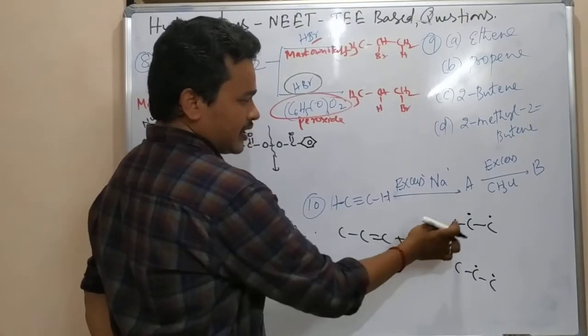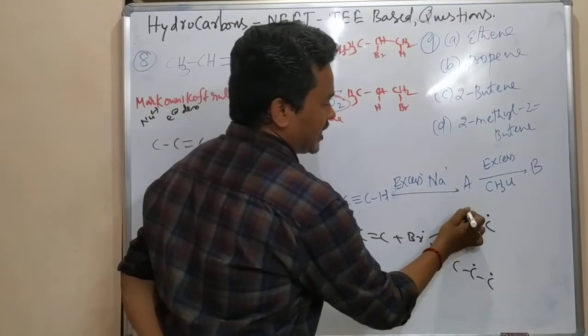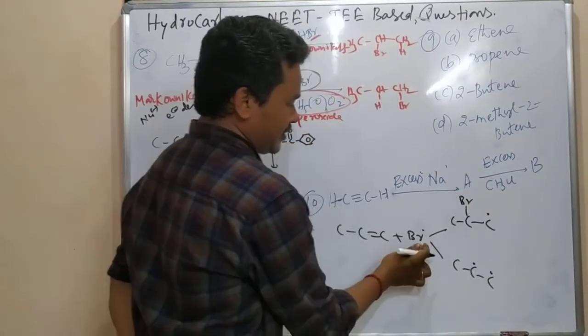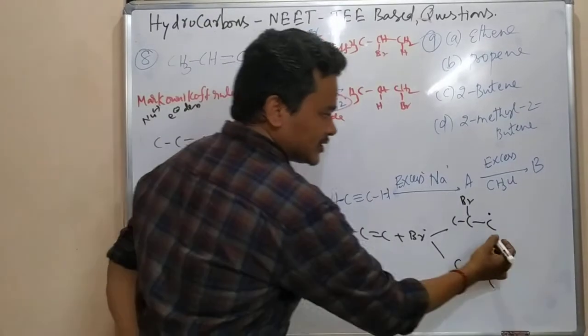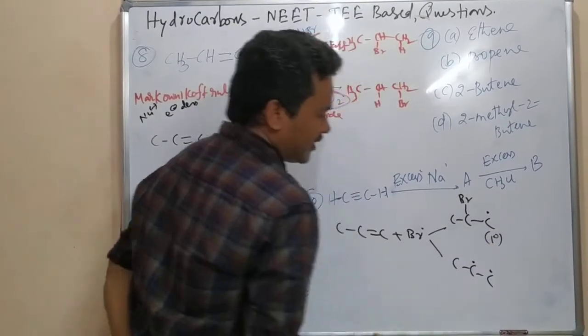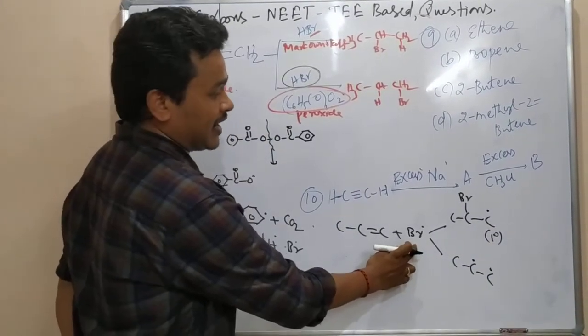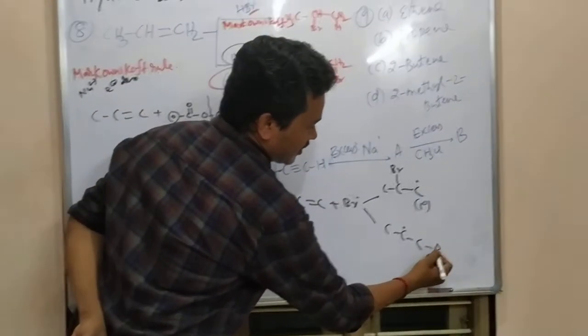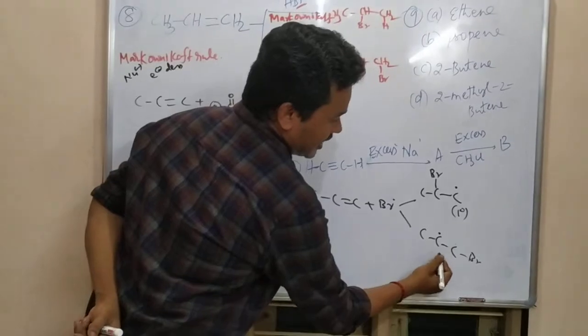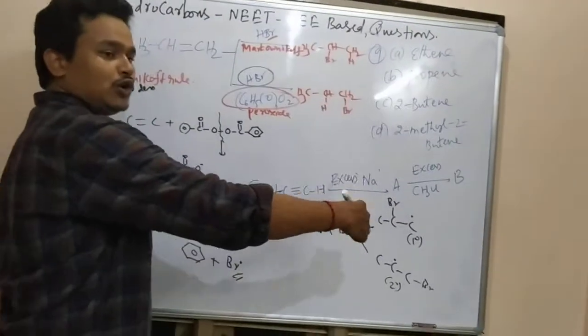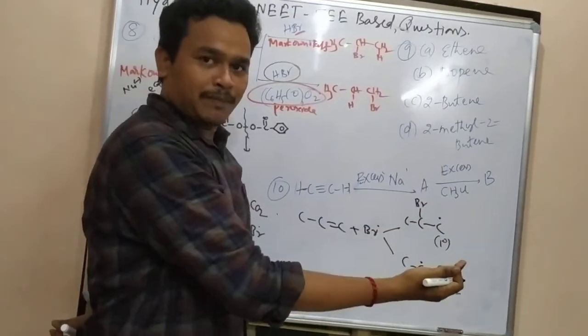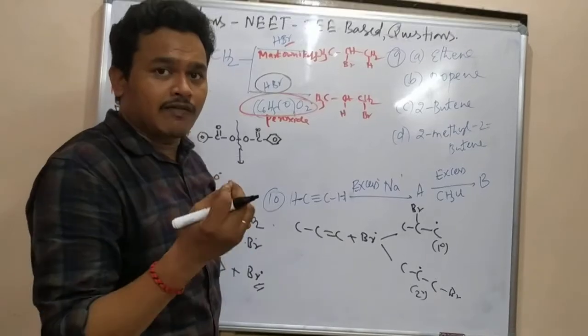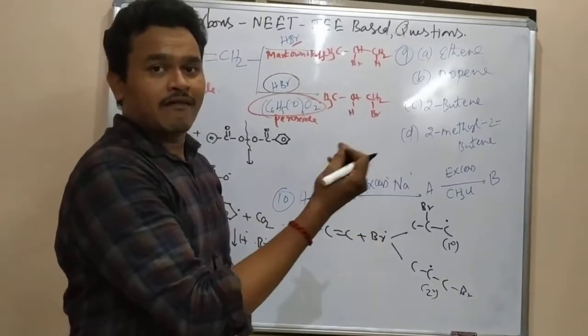In case the Br radical is attached here, for example, what is this? A primary radical. In case the Br radical attached here, this carbon means here, what is there? This is a secondary radical. So which is going to proceed to the further step? Which is more stable, that one only goes into the further step.